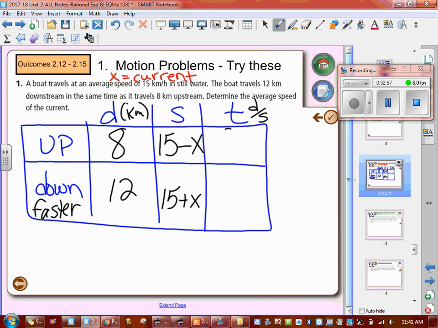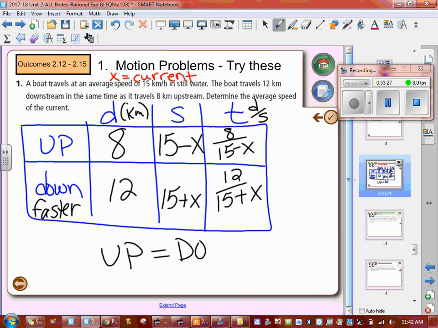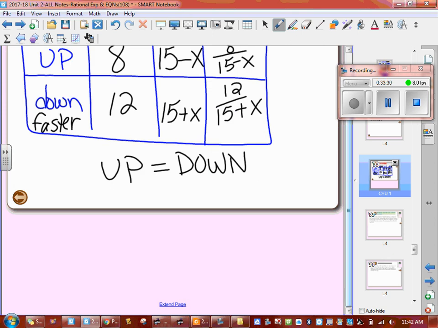Now we've actually got to write this down as our equation. They say they do it in equal time, which means upstream equals downstream. So we create the equation where up equals down: 8 over 15 minus x equals 12 over 15 plus x.